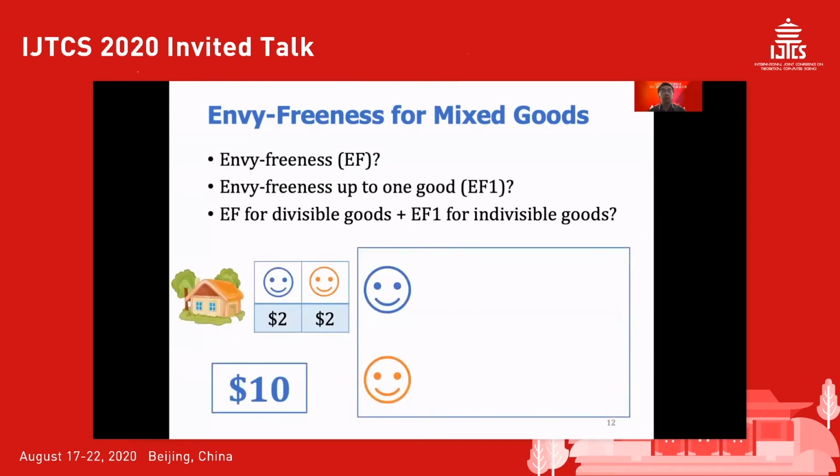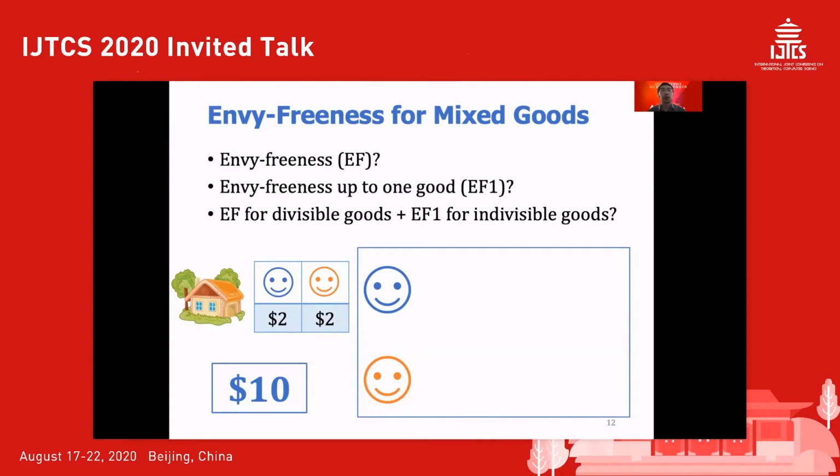Let's assume the following very simple example. We have two players, and together they want to allocate a house, which both players value at $2, together with $10. Here the money can be considered as a divisible good. In this setting, let's see what happens if we apply the envy-free for divisible goods and EF1 for indivisible goods solution.